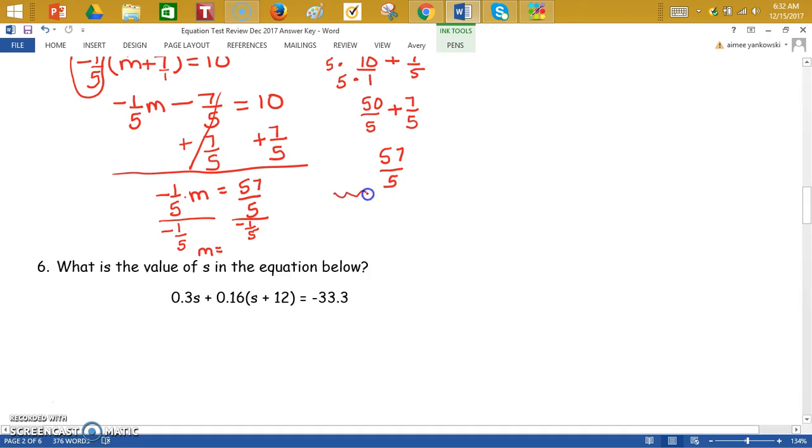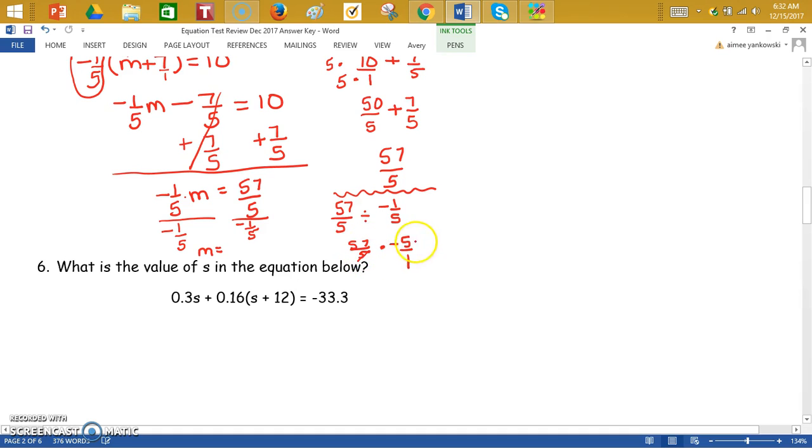So here's some more scrap work. If I have 57/5 divided by a negative 1/5, that's the same as 57/5 times negative 5/1.